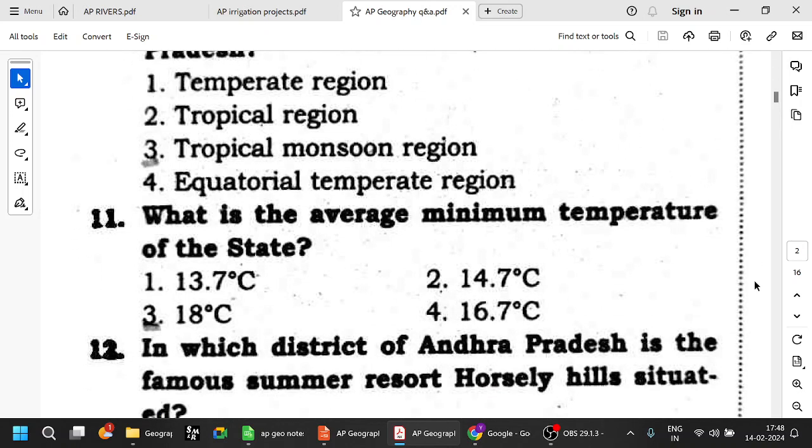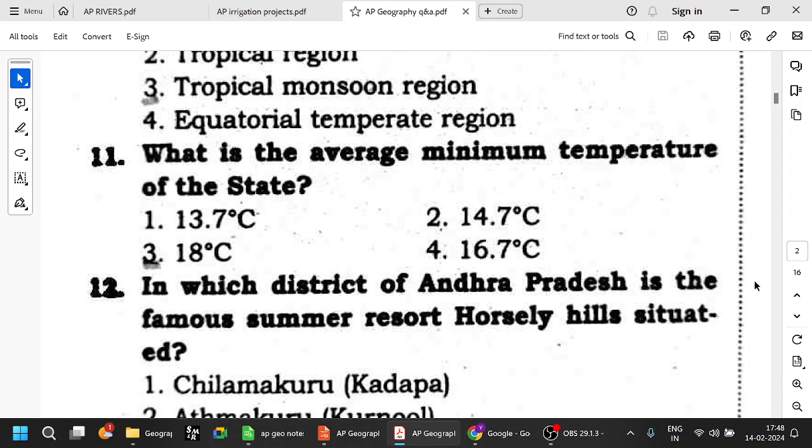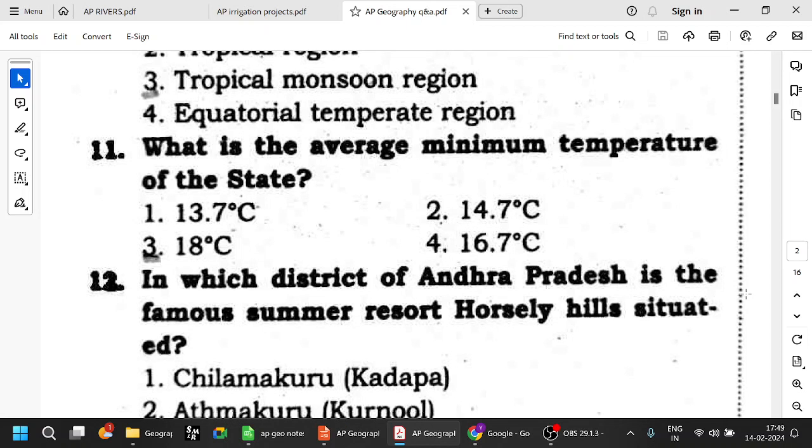What is the average minimum temperature of the state? Now, for these things, the question has to be more clear. Anyway, try to remember the average minimum temperature is 18 degrees, and usually the average maximum temperature will be somewhere around 35. And Renta Chintala is the hottest place in Andhra Pradesh. Its temperature reaches 45 to 50 degrees during summer.